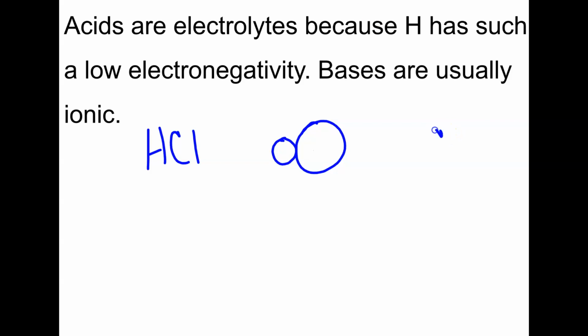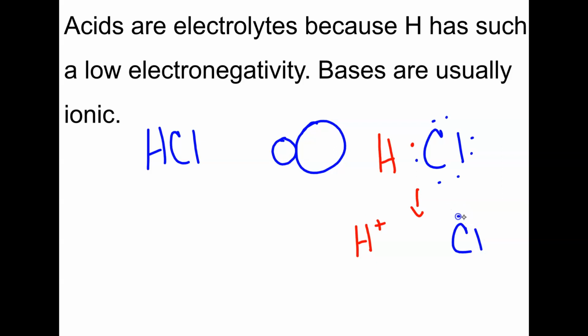So if I draw the Lewis electron dot diagram of this, 1, 2, 3, 4, 5, 6, 7 valence electrons, and I draw my hydrogen here, because of hydrogen having such a low electronegativity, this, when it dissolves, will dissociate. And when that happens, I'm going to end up with my H plus ion, and I'm going to end up with a chloride ion.